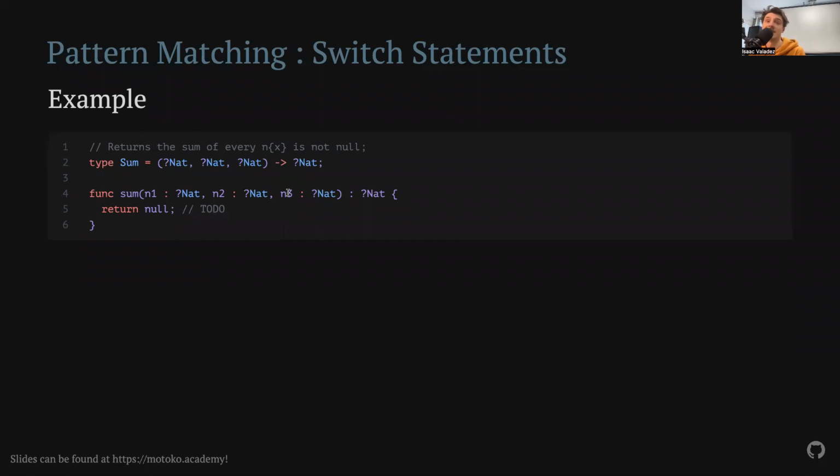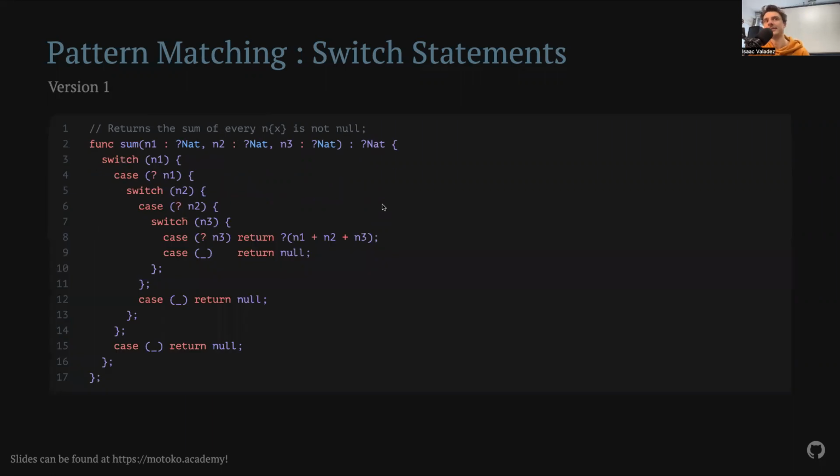An example would be, I pass in 1, 1, and null. I expect it to return null, but let's say I pass in 1, 1, and 1. I expect it to return 3. Most of you, and I initially too, solved it like this.